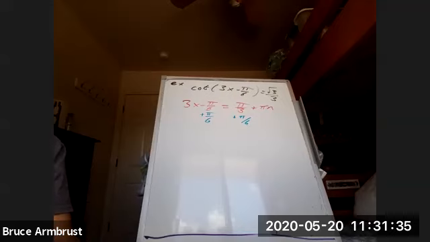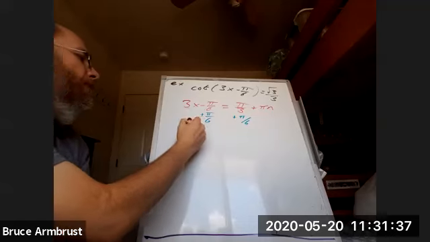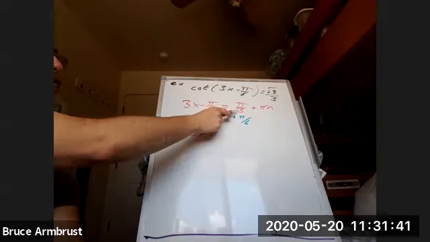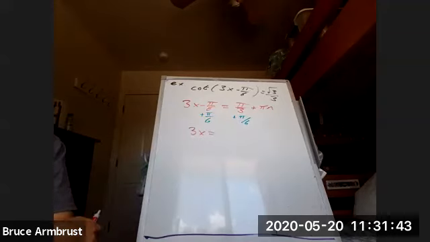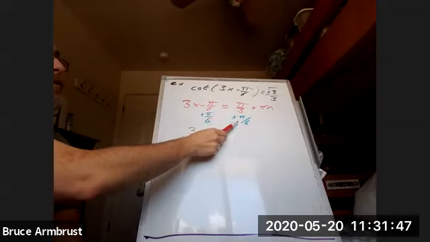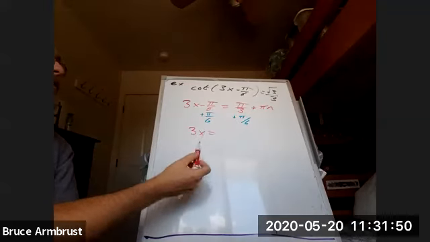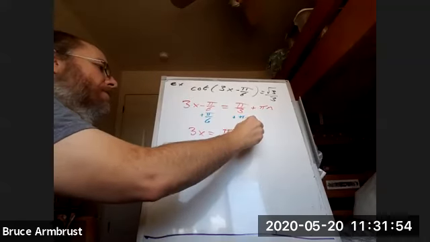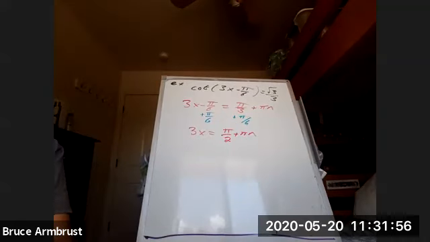So that's going to give us 3x. If we take pi over 3 and pi over 6 and add them, if we get a common denominator, this is 2 sixths plus 1 sixth, which is 3 sixths, which is also known as pi over 2. So we have pi over 2 plus pi n.